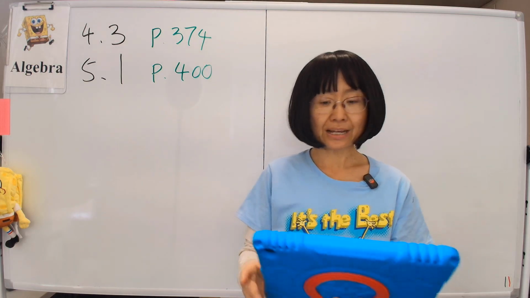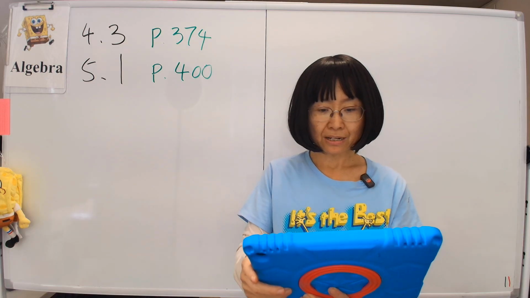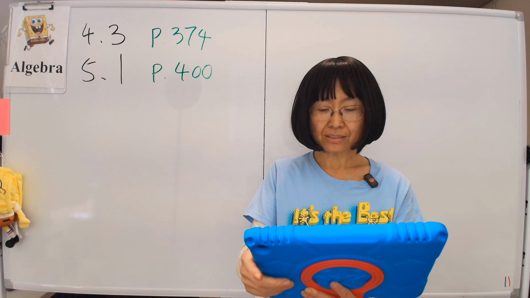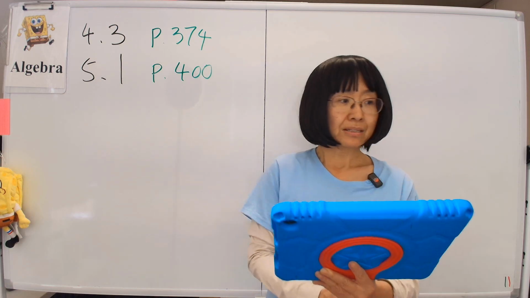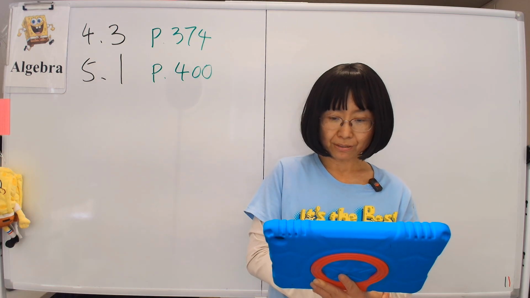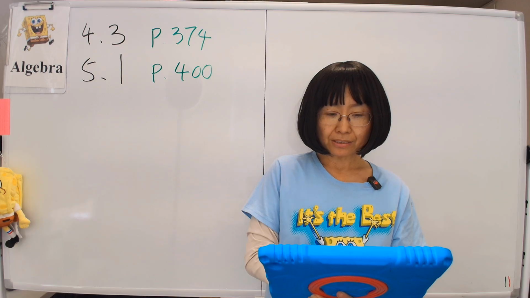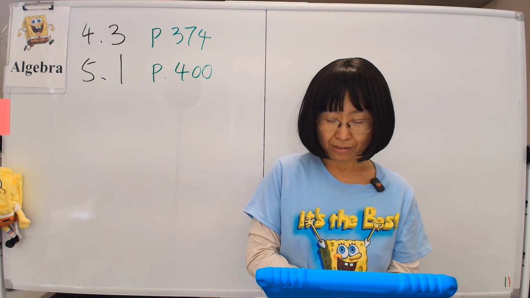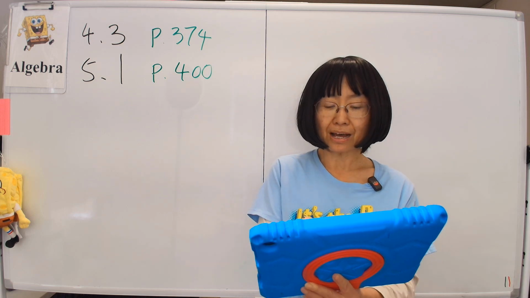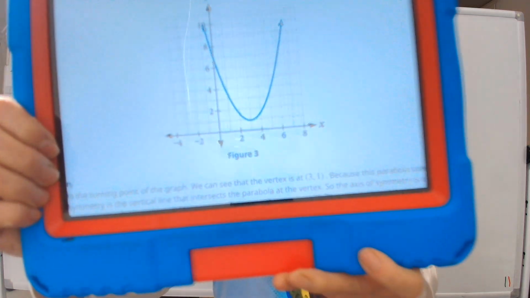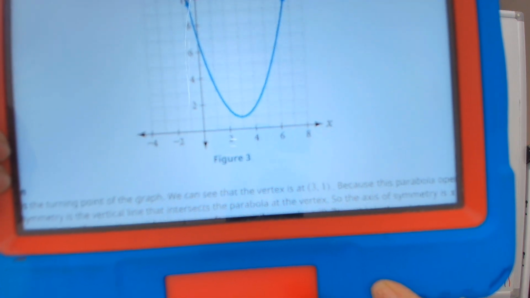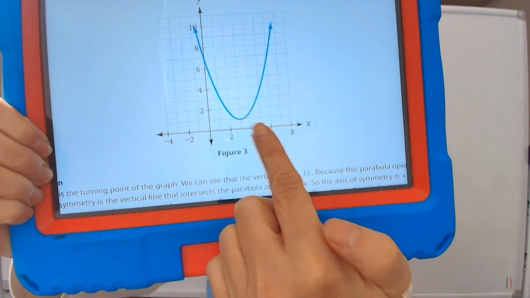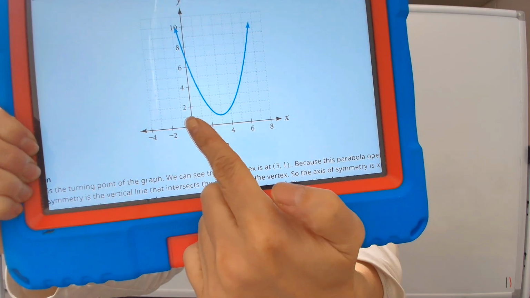So let's look at example 1 on the next page, where we are going to talk about a couple of things about this parabola. This is a regular parabola. Just judging from the graph, if you look at it carefully, the vertex looks like it is at x equal to 3 and y equal to 1.